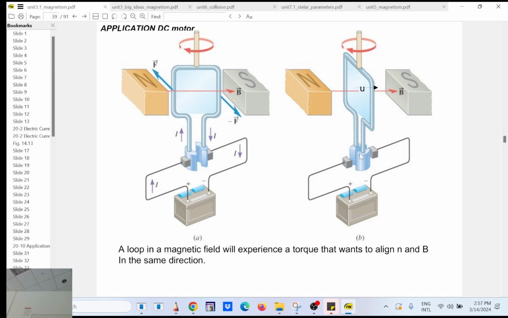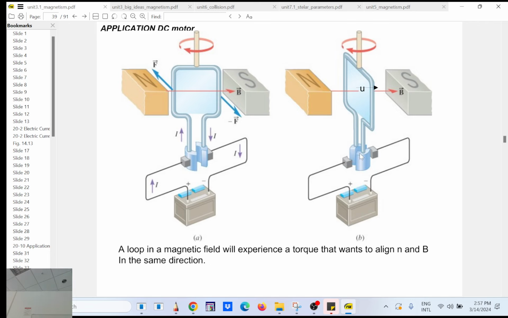And if current is flowing, what's going to happen? If the current is flowing in this direction, it will rotate to align itself with the magnetic field, right? Because then you will have south attracted to north. So it's going to spin, and then here it wants to stop, but because I'm going to lose the connection, it will keep spinning. And we have a motor.